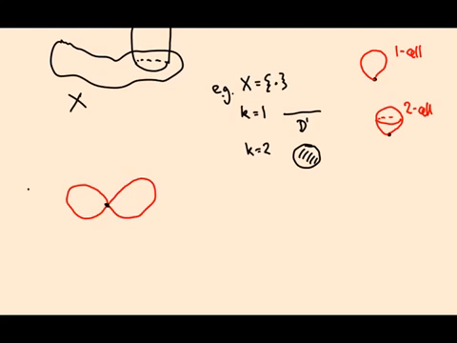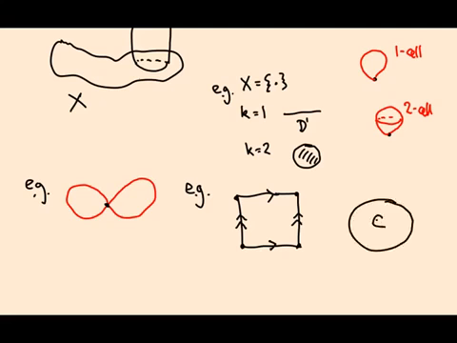The torus, for example, that's another cell complex. Let me draw it like this. So we've already seen that if you identify the opposite edges of a square, you get a torus, and inside that torus you can see these two circles, which you get by just looking at these edges.